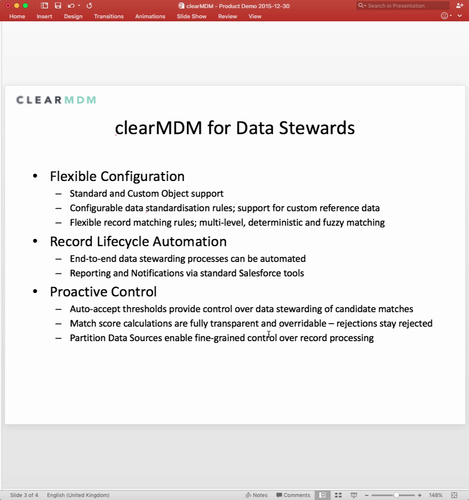For example, the data standardization rules and the record matching rules will always be different, given they need to reflect and will be sensitive to the attributes, the quality, and the characteristics of the data set itself.